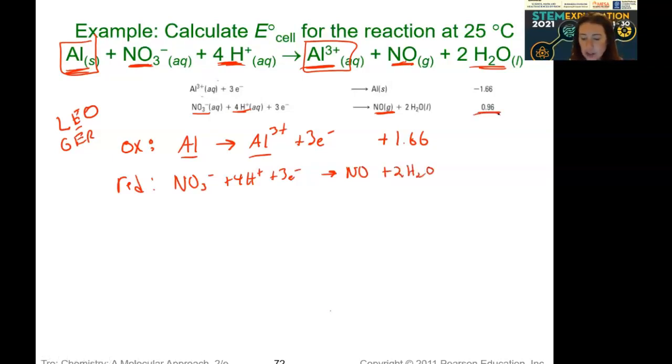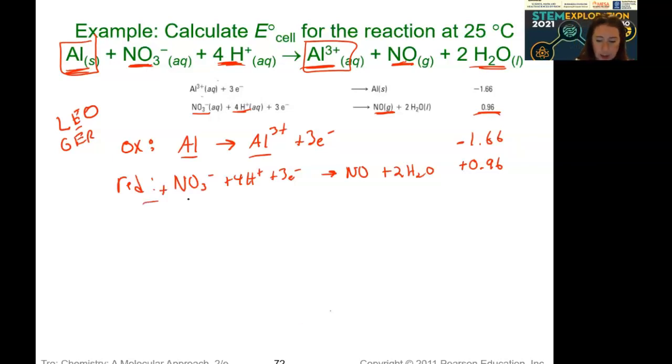And then this will stay the same. I like to put my pluses and my minuses to make very certain to myself what's happening. I'm just going to move this over here a little bit. Negative 1.66.